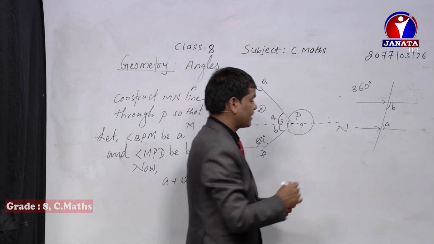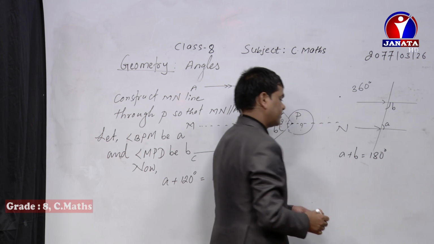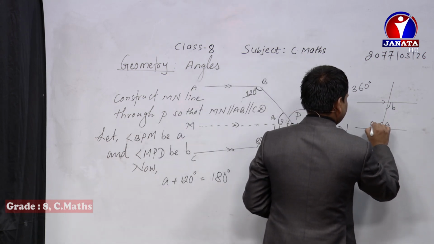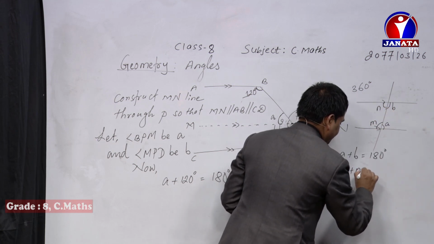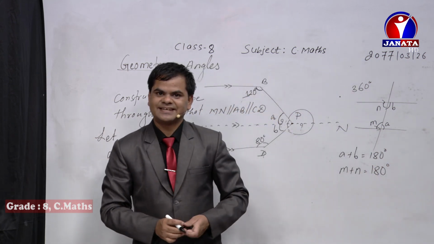The sum of co-interior angles is always 180 degree. I had told you in the bygone days as well. Similarly, this side, if it is M and if it is N, they are also parallel, co-interior to each other. So their sum also becomes 180 degree.